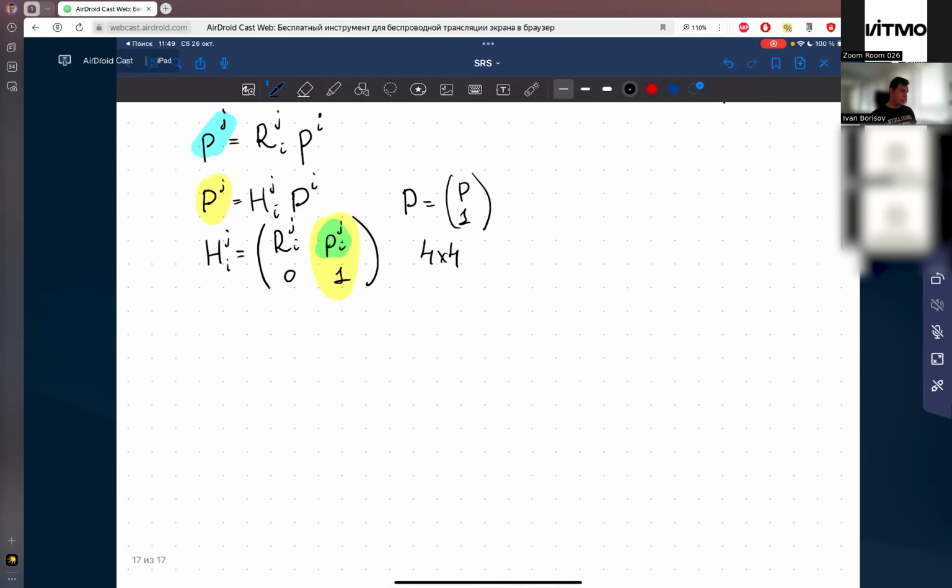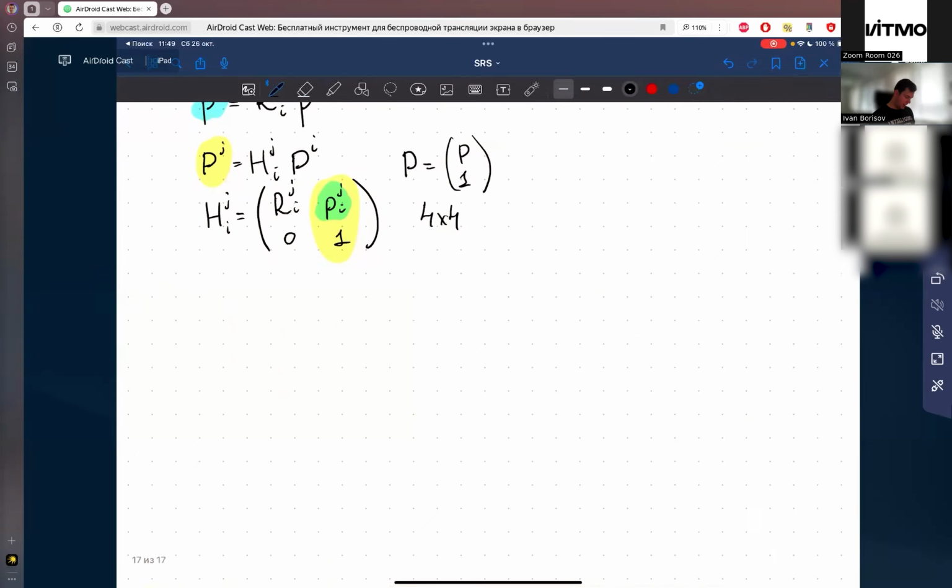Then we considered something which is called angular velocity, and we found that we can use the skew-symmetric representation of angular velocity.